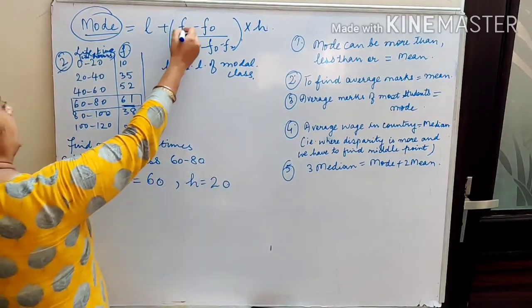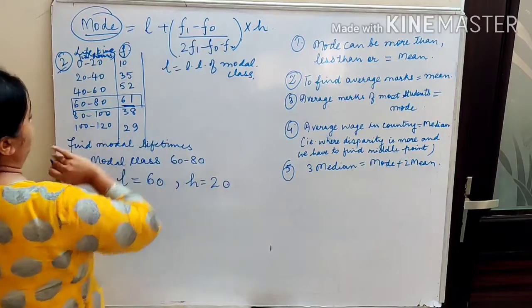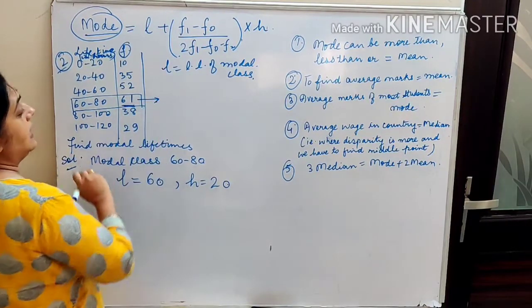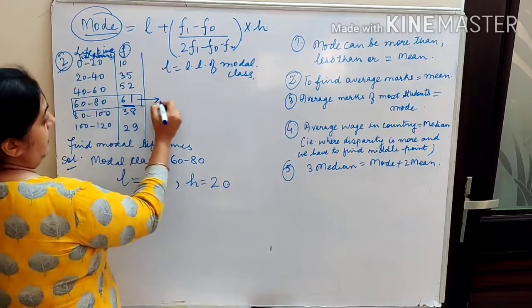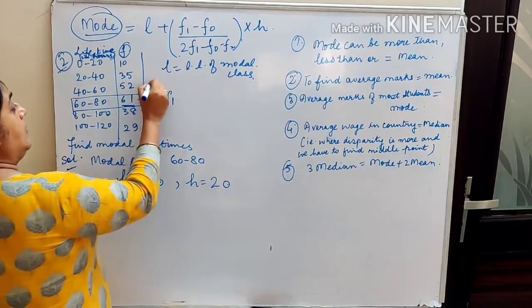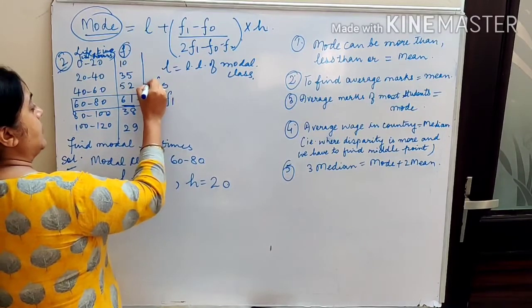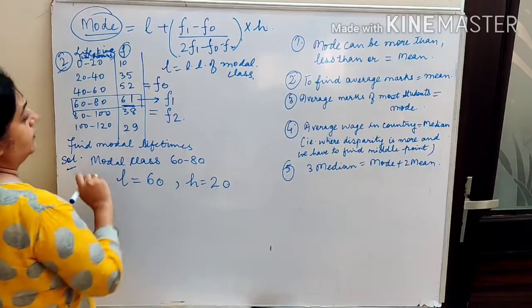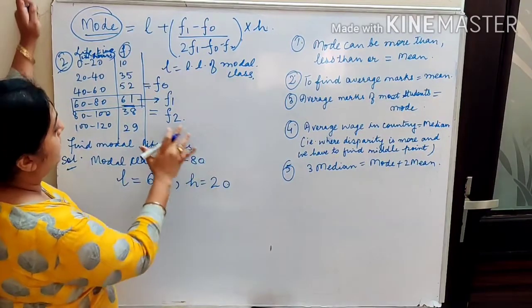Now what about F1, F0 and F2? The largest frequency, that of the modal class, you write as F1. The one before it you write as F0, and the one next to it you write as F2. This is the best way to remember.